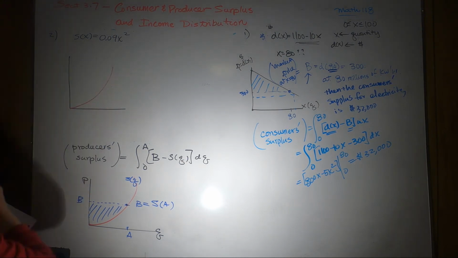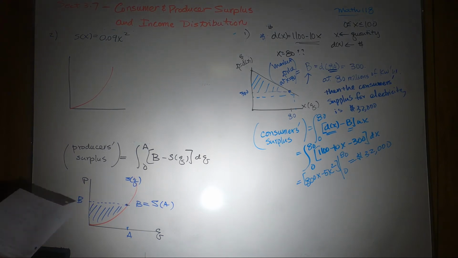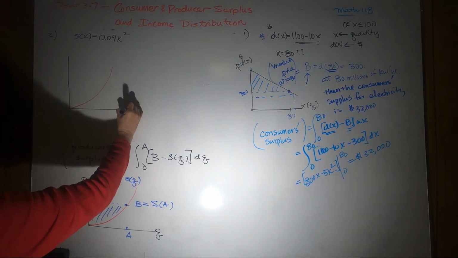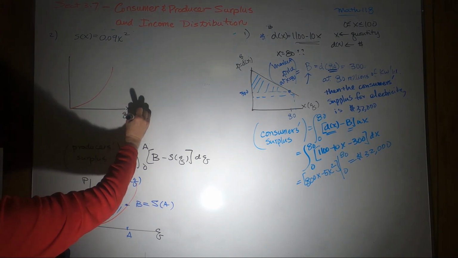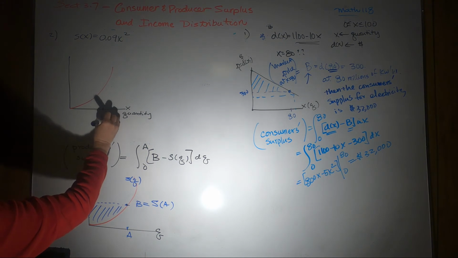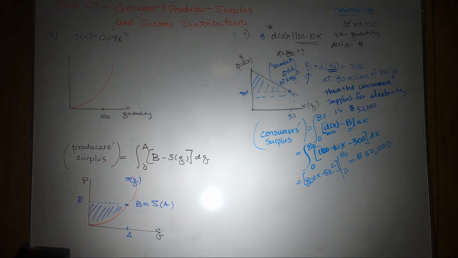Parabola like this. Then we want to find out the demand level at x equals 200. So x is your quantity, right? At the demand level 200, what's the producer's surplus?